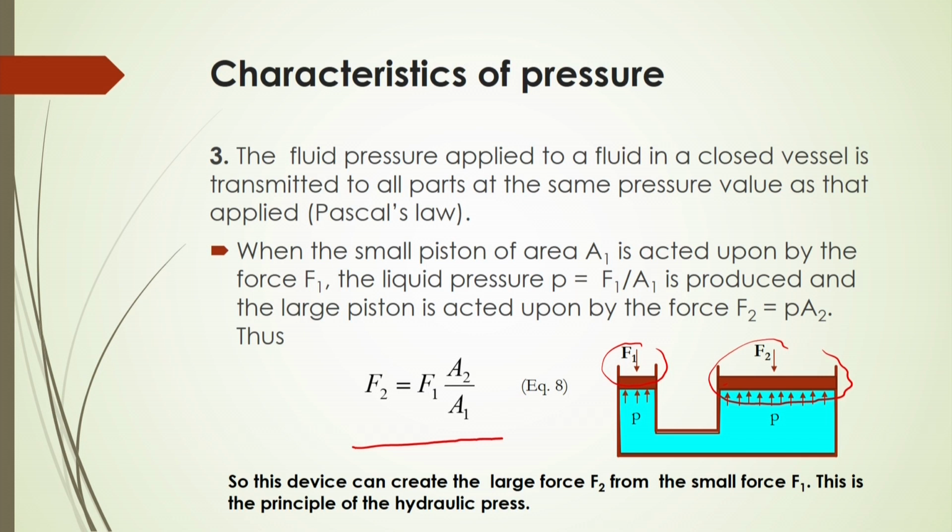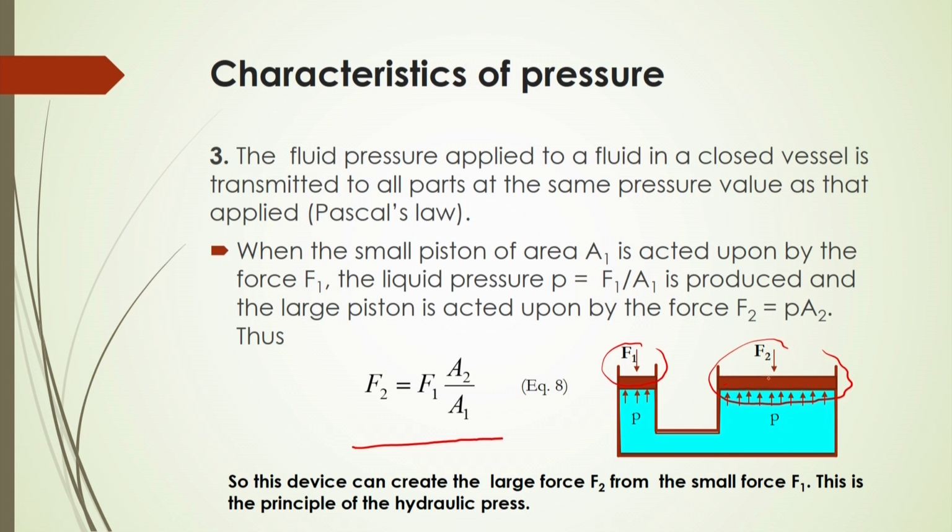So, in this case what we can say is that this device can create the large force F2 from the small force F1. This is the principle of the hydraulic press.